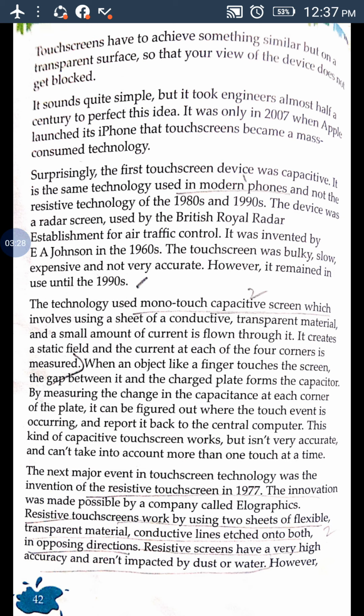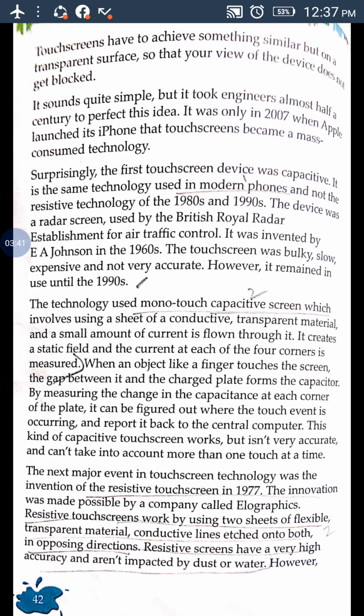Okay. It sounds quite simple, but it took engineers almost half a century to perfect this idea. It was only in 2007 when Apple launched its iPhone that touchscreens became a mass-consumed technology.